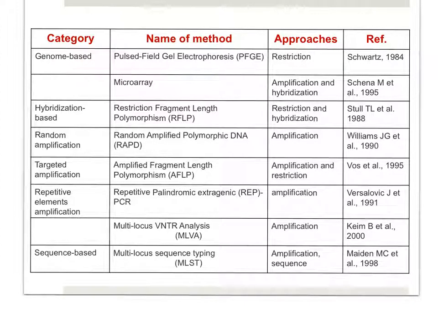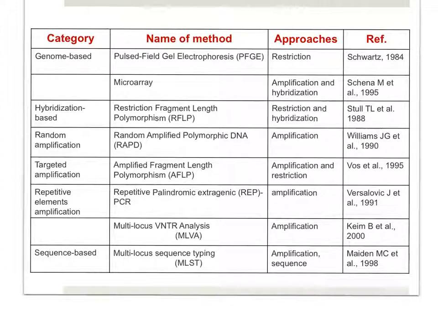Some genotyping methods use random amplification. Perhaps the most common one, used more often in developing regions, is RAPD, random amplified polymorphic DNA. RAPD is excellent in that it is very cheap and quick, and you don't need prior knowledge, but in terms of discriminatory power, others have some concerns, which we will see in detail later.